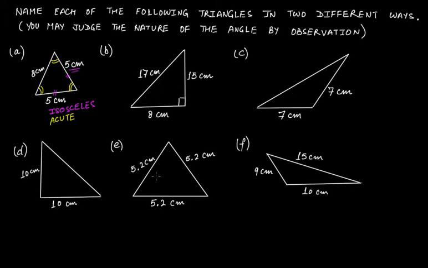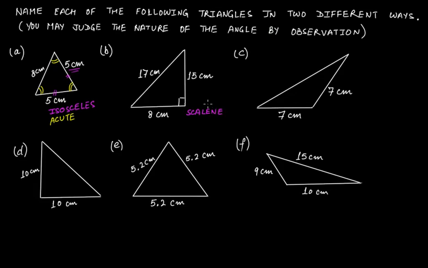For this one, B. Now if you see first for the sides of this triangle, this side is 17, this side is 15, this is 8. None of the sides of this triangle are equal, therefore it's a scalene triangle.